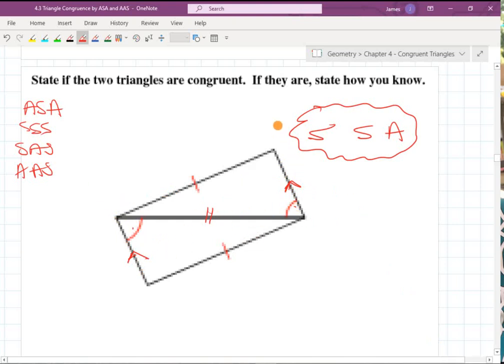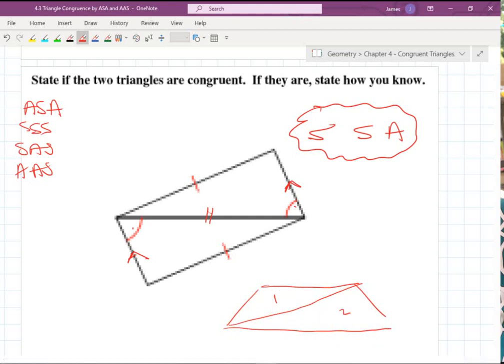You got parallel lines. But does that guarantee that these are going to be? So what we're saying, even though it looks like it, that would make this bare minimum that kind of shape, which would be a trapezoid. We're saying triangle 1, triangle 2 would not necessarily be congruent.